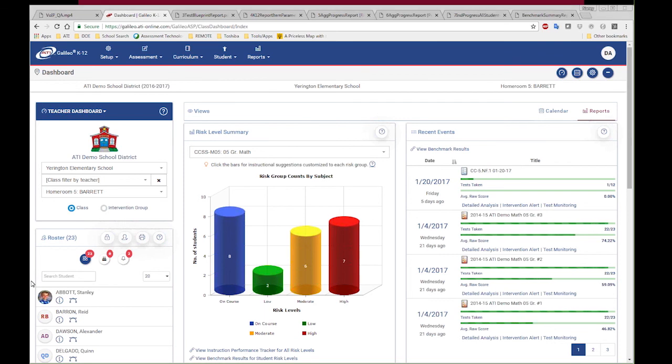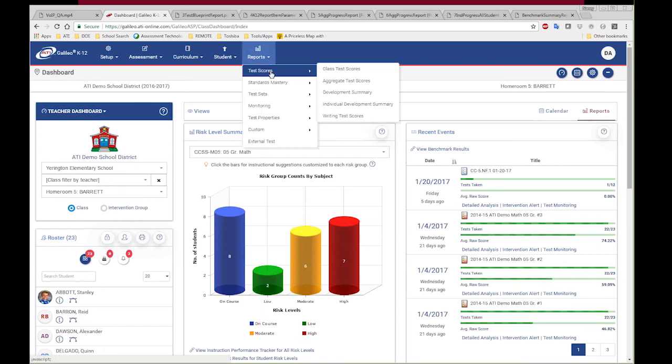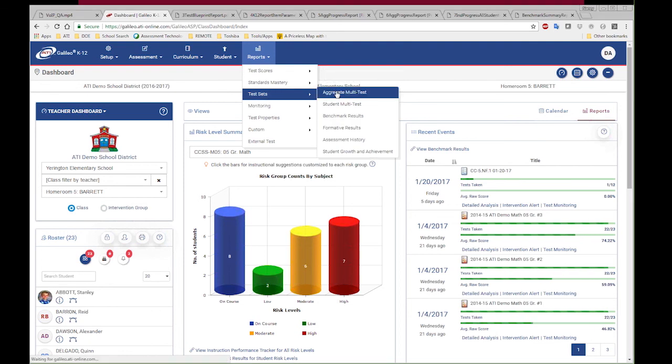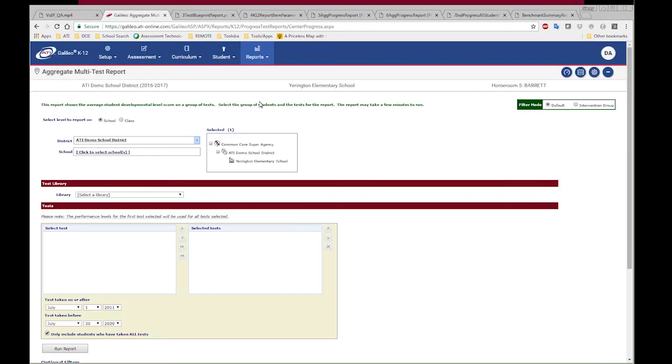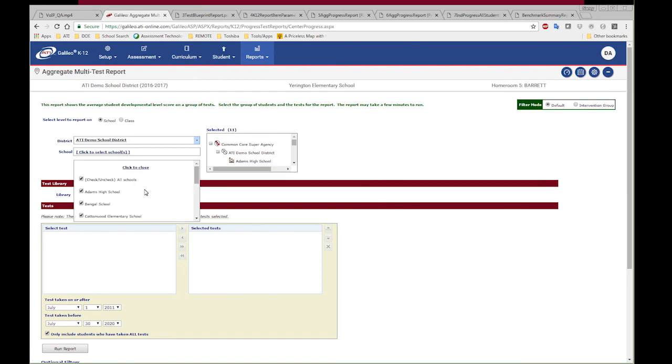All right, another good question is, how do administrators run the data school-wide or district-wide? Remember that aggregate multitest that we looked at? I can show you how to run that. We have a selection on the page to run it for a school, and then you can select your schools.